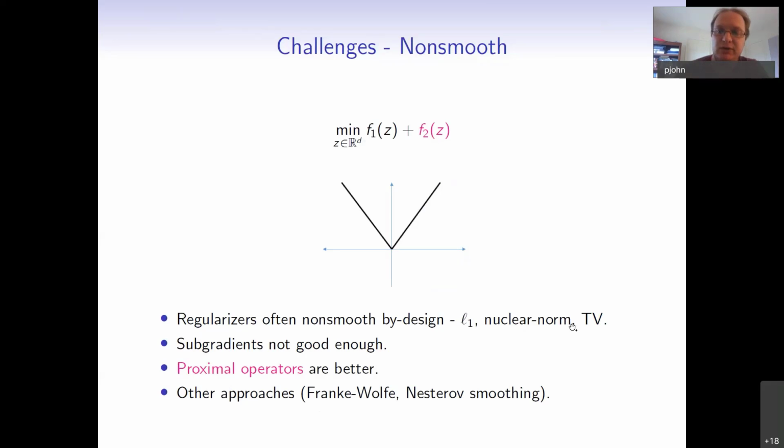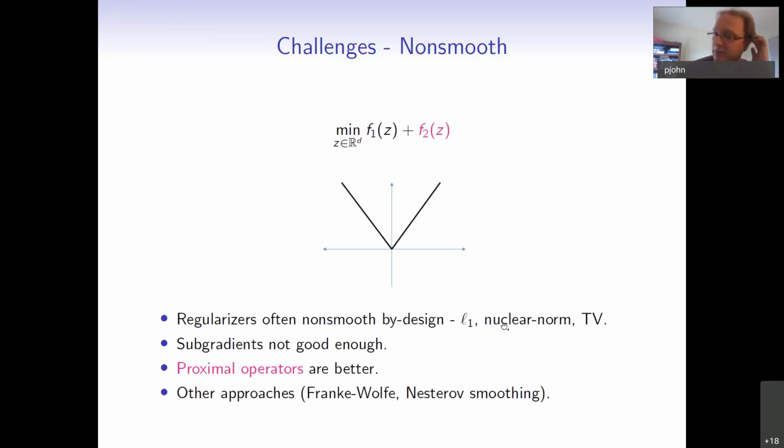This is because we now have one or two decades of experience showing that these choices work well to promote the structures that we're after. L1 is used when you want a sparse solution, the nuclear norm when you want a low rank solution, and so forth.